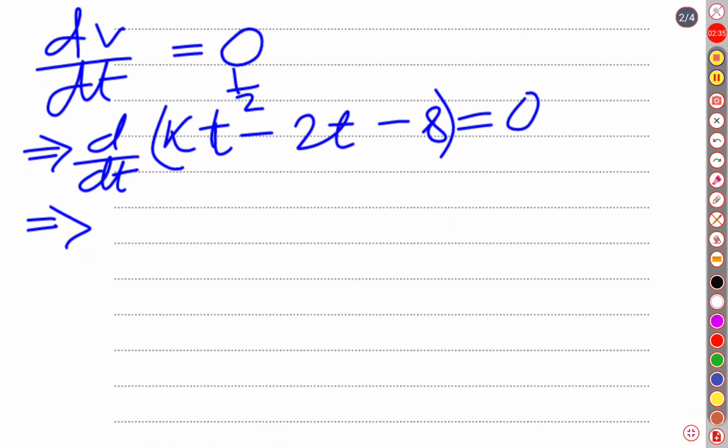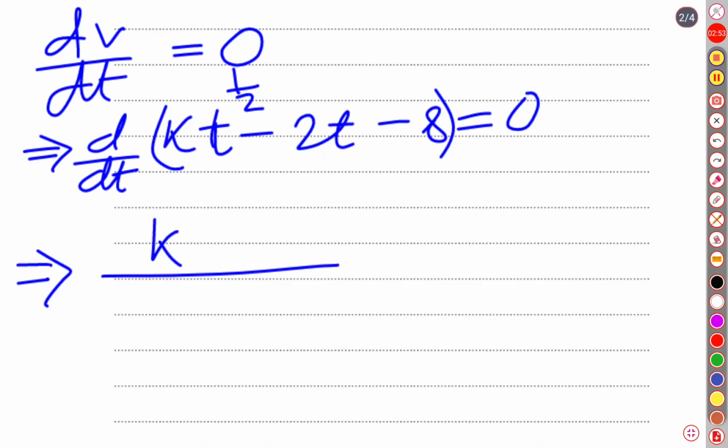Well, so it is going to be equal to, well, our half is going to be multiplied by the coefficient k. If we multiply by half, it is 2. And what will happen to this t? The power of t is going to be half minus 1.